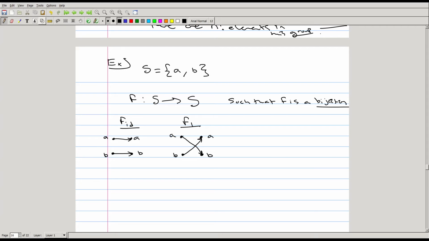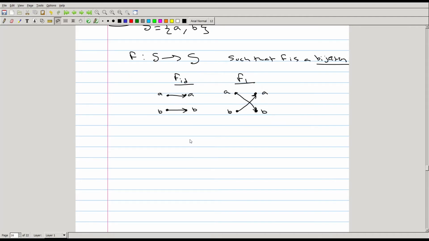And you can really see that this group is in fact obeying the fact that there are two elements in this group, or I should say 2 factorial elements in this group. Now F1 composed with F1 is equal to the identity mapping.